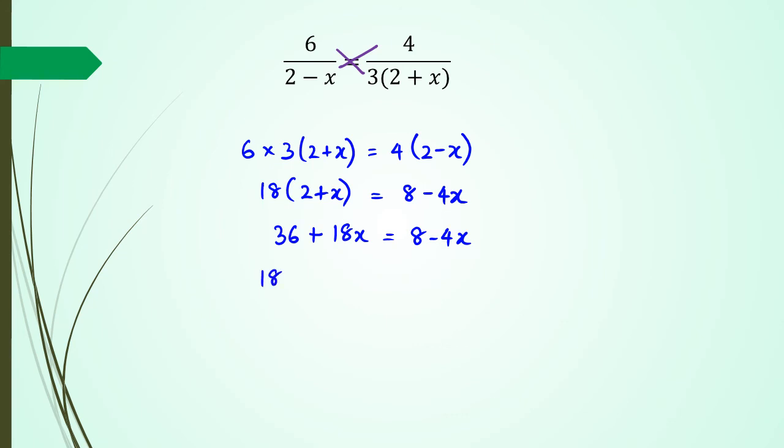We've got 18x, and negative 4x on the right-hand side becomes plus 4x on the left-hand side, equals 8. 36 on the left-hand side will become minus 36 on the right-hand side. So we've got 18 plus 4, which is 22x, and then 8 minus 36, which is negative 28. Therefore, x is equal to negative 28 divided by 22. And that's basically it, folks.